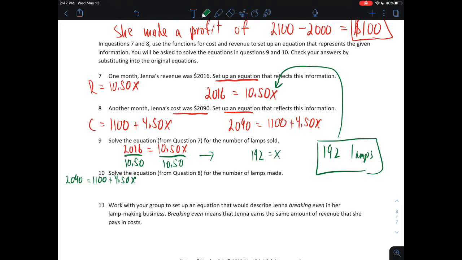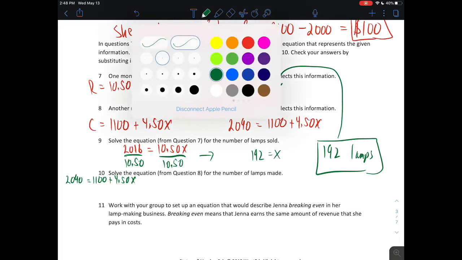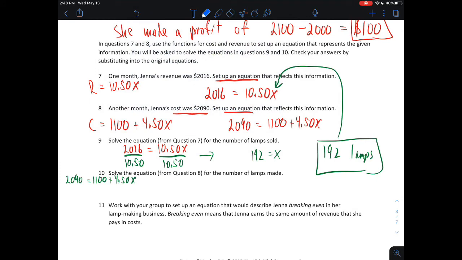The reason why is we'd have to divide every single number that we see. So that's a little bit complicated. What's easier is if you add or subtract any constants, which are numbers that aren't attached to a variable by multiplication. The only number that's on the right-hand side that's not attached by multiplication is the 1100. So I'm actually going to get rid of that 1100.